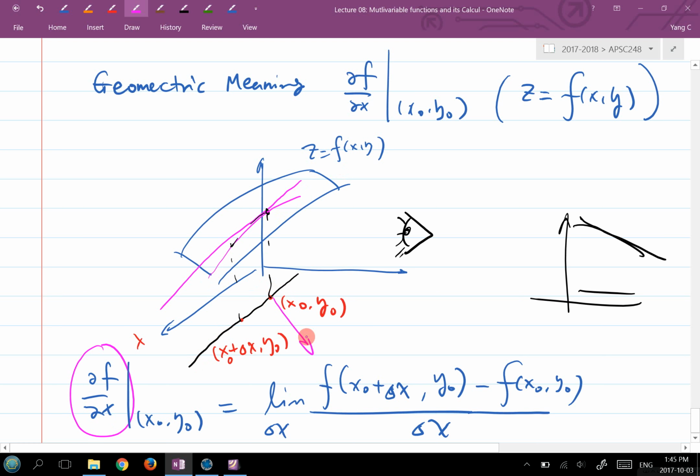That's not the partial derivative, partial f over partial x, anymore. But in essence, for partial derivatives, when you do the computation, all you need to do is treat the other variables as constant, and do as if you're doing a single variable derivative. That's it. Is that okay? That's all about partial derivatives, simply put.